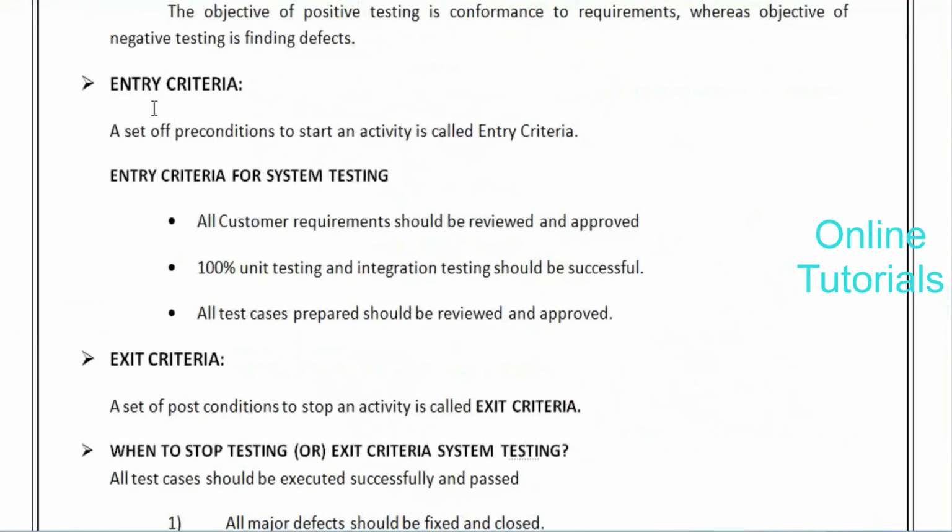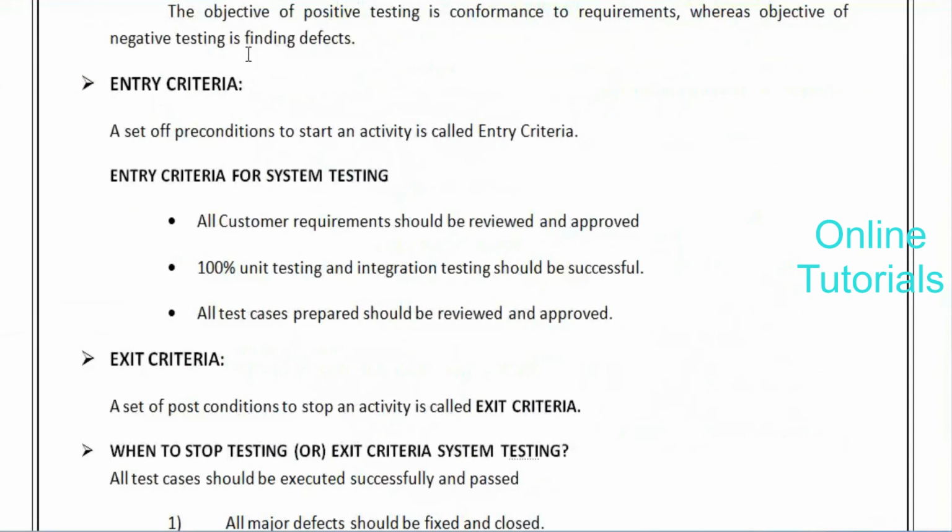Entry criteria: to go for testing, what is the entry criteria? You need some requirements to go for the testing part. Entry criteria means the prerequisites to go for testing. 100% unit testing and system integration testing should be successfully executed.